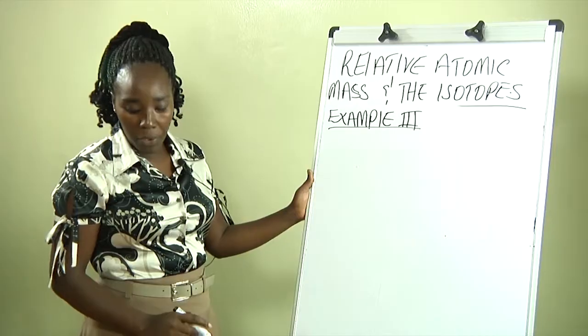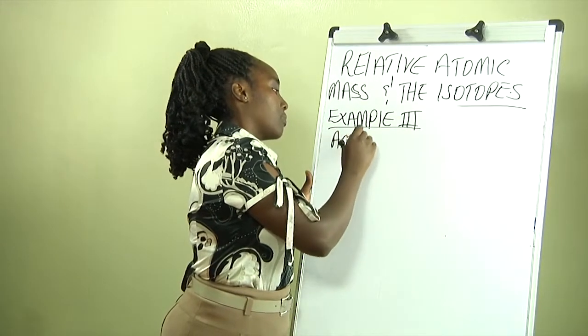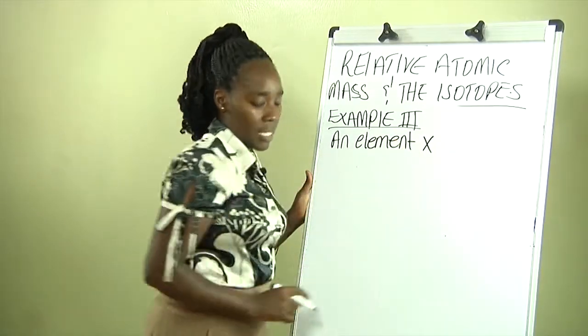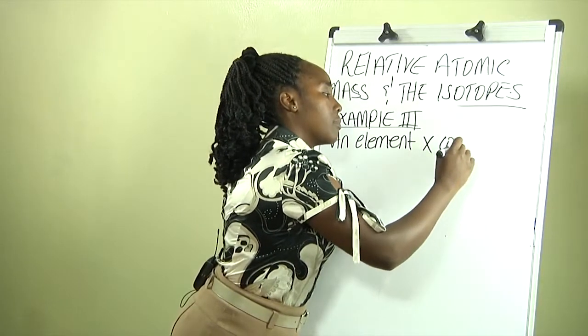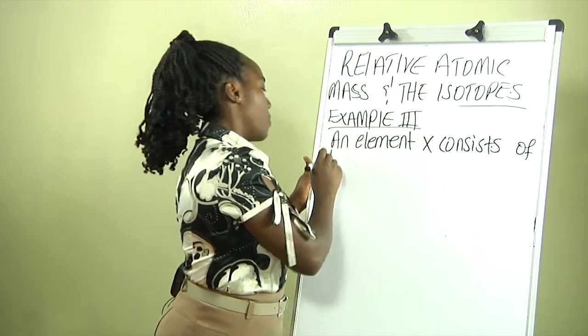In our example 3, it reads: an element that we are going to call X consists of 3 isotopes.